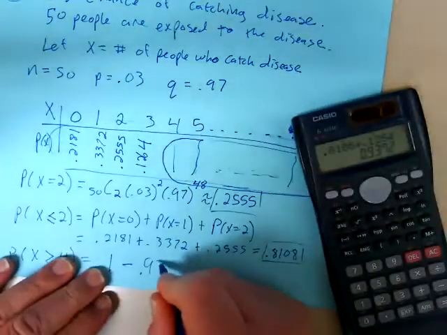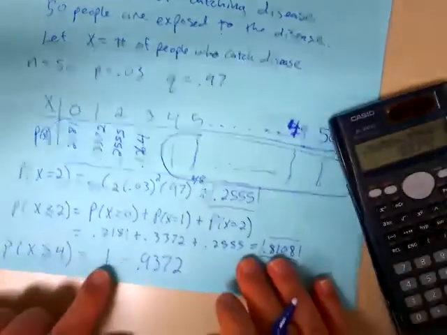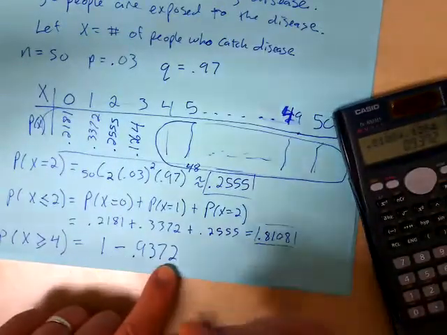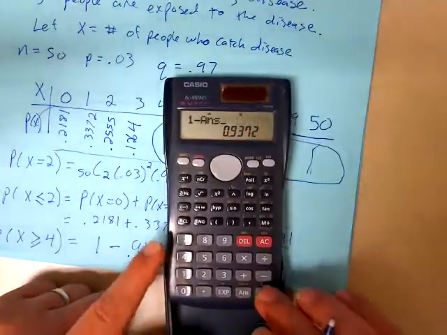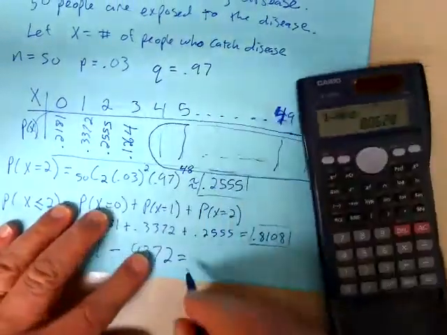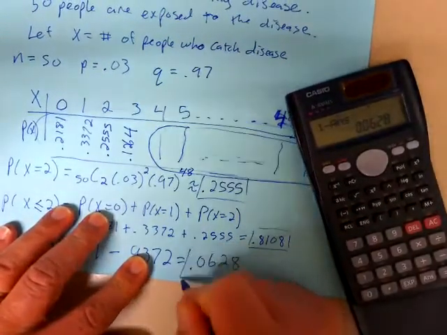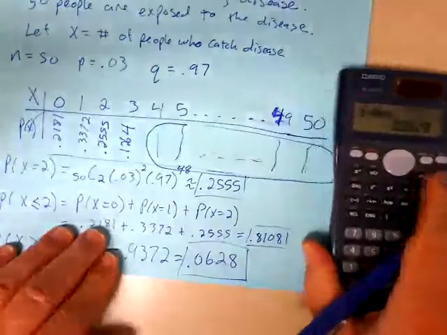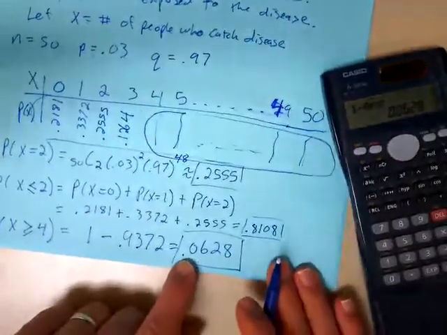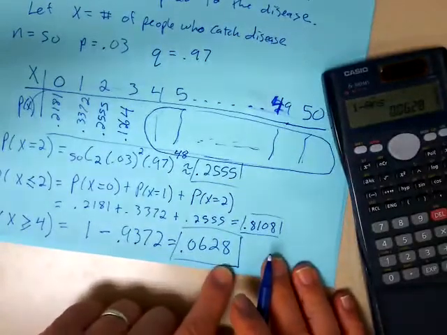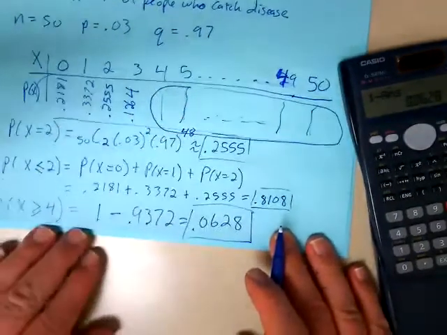So to get the greater than or equal to 4, I take 1 minus this. So 1 minus the answer, and I get 0.0628. And so what that means is 4, 5, 6, 7, on up to 50 is only 6% of the probability, 6.28% of the probability. Okay?